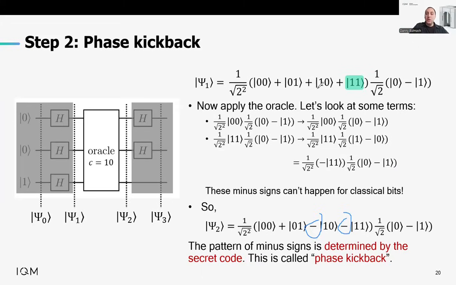The secret code looks at the first spot here, and it says, aha, I have a match on the first spot with where there's a 1 in my secret code. So I'm going to put minus signs into those terms down here. So we get these minus signs that come from the secret code. That's called phase kickback. And those minus signs are truly quantum mechanical. We'll see how they help us in just a second.